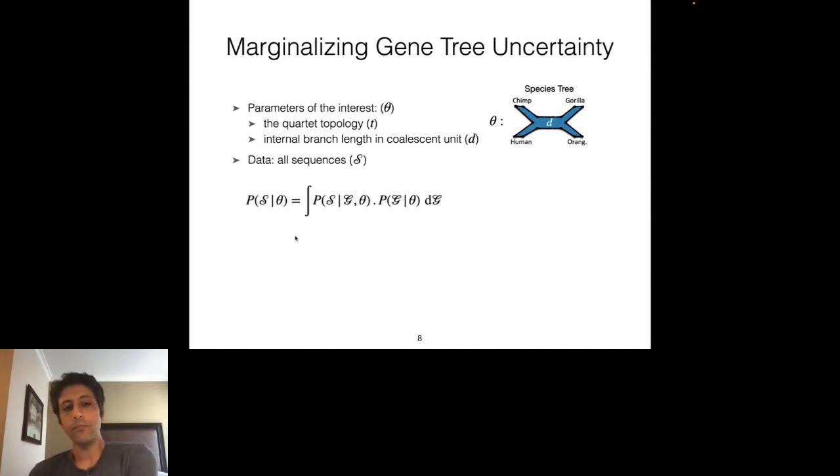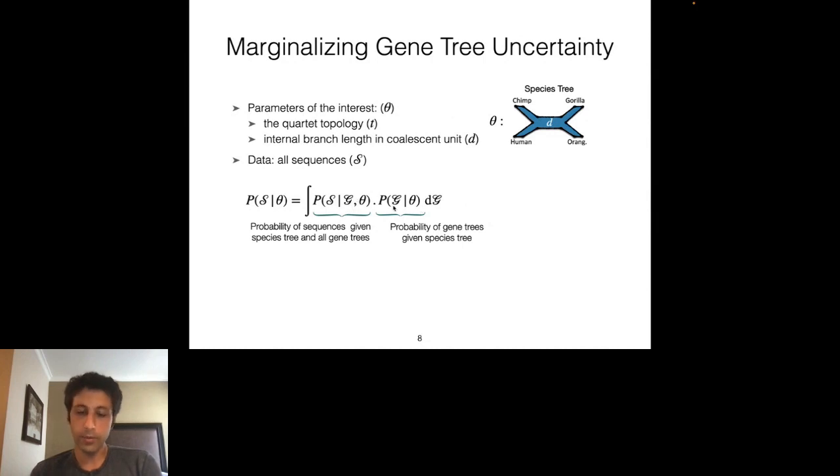And what I want to note first is that instead of co-estimation, we can do marginalization. So we can look at the marginal probability of the sequences given a species tree, where you marginalize over the gene tree distribution. Here you have the probability of your sequence data given gene trees and the probability of gene trees given the species tree.